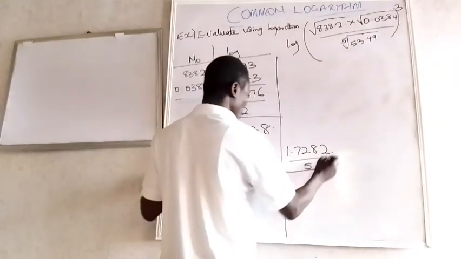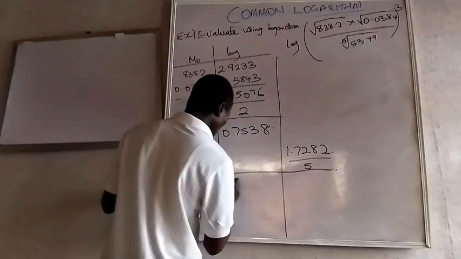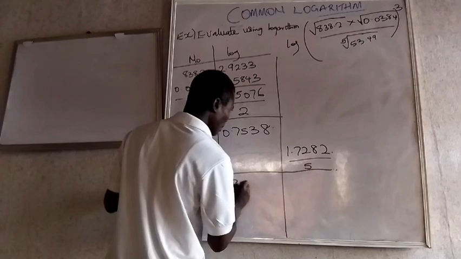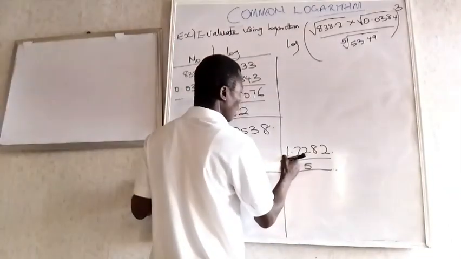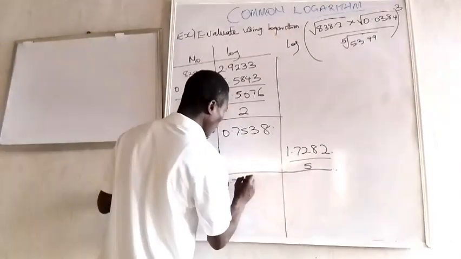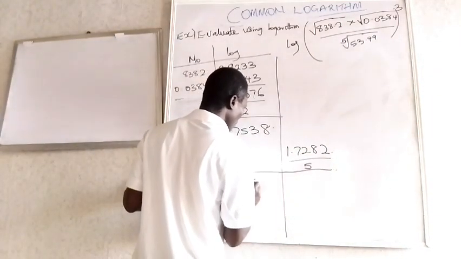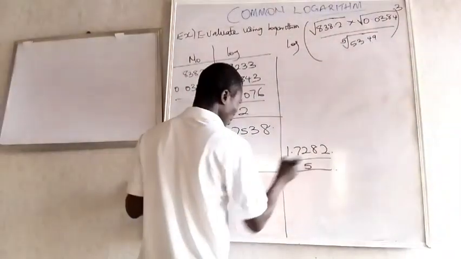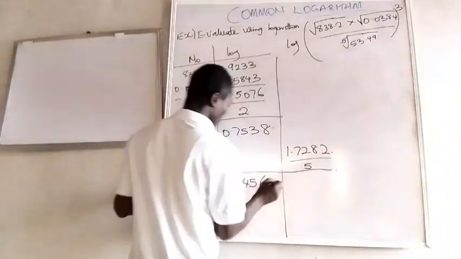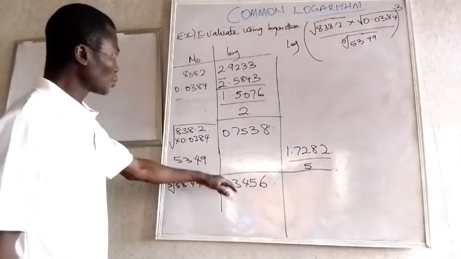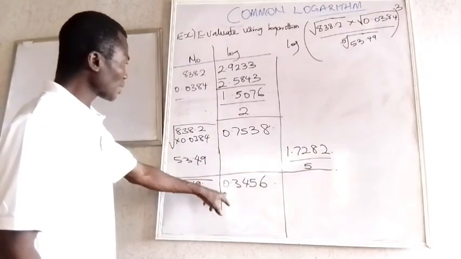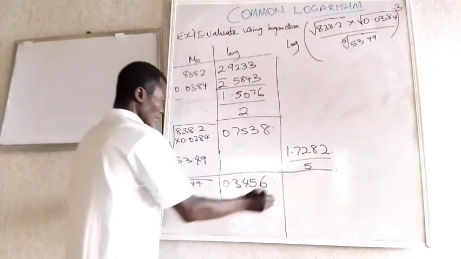So what does that give us? It's going to be 0.3456. Since we are dividing by this, we have to subtract this one from this one.